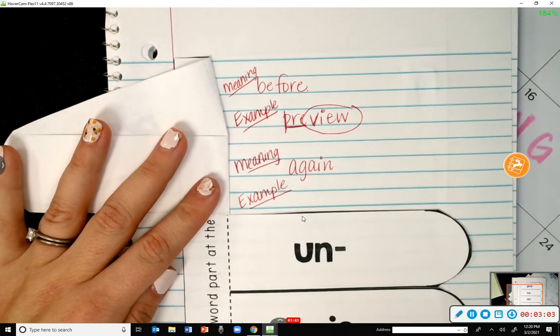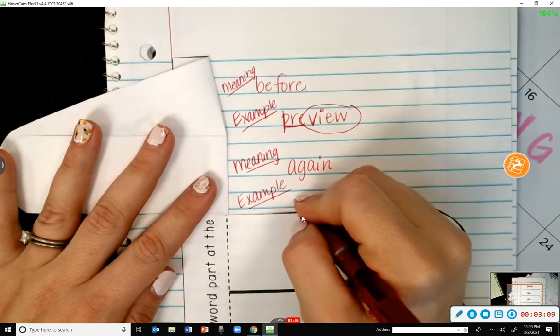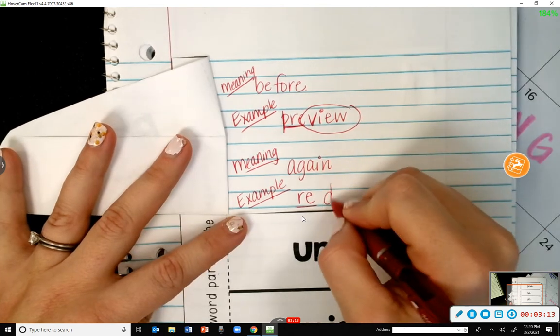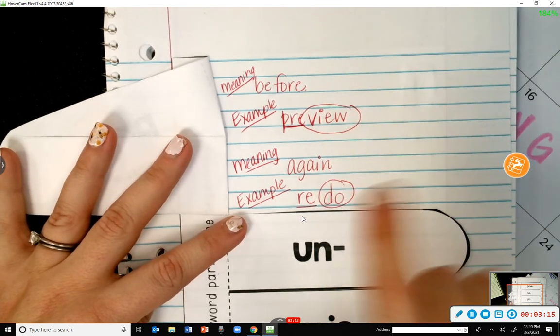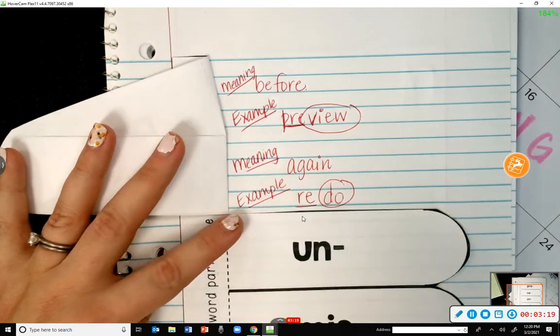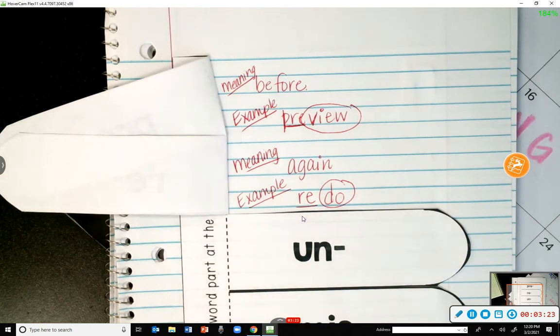Bryson? I had to redo my paper. Okay, redo. So the prefix is re, the root word is do. So that means I had to do my paper again. Okay, so re gives that word the meaning again, do it again.